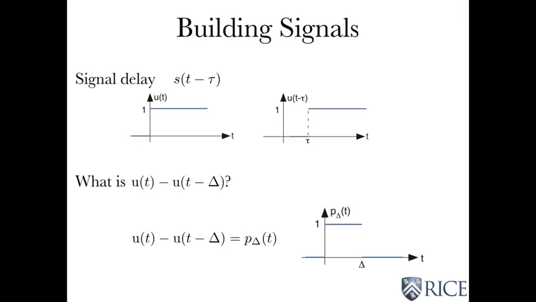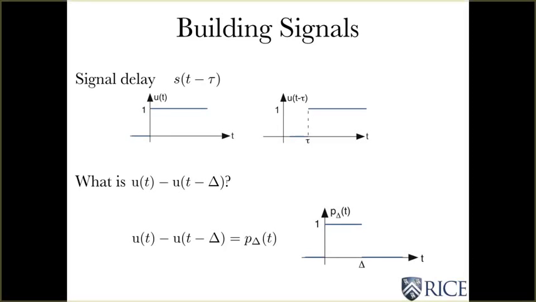So actually, you can think of the pulse as being a sum of the unit step and a delayed unit step. The sum is the same as the difference here. But it's the difference between a unit step and a delayed unit step. I've now decomposed the signal into what I claim are simpler pieces.